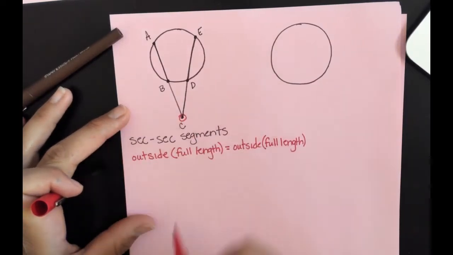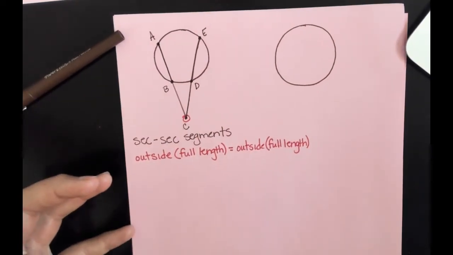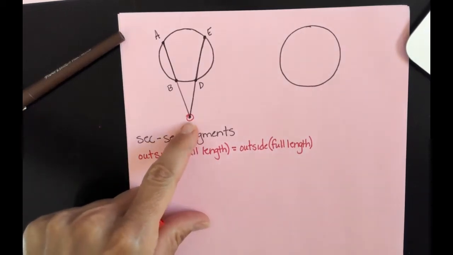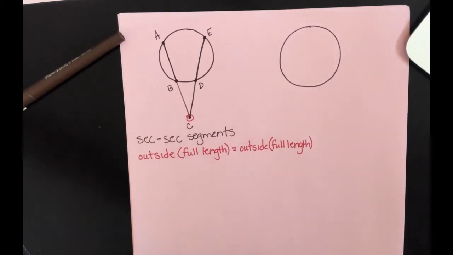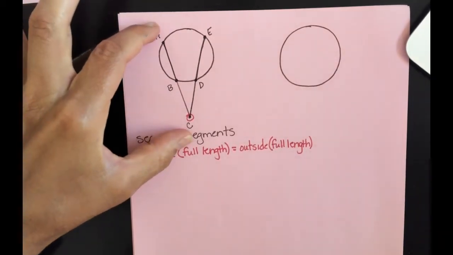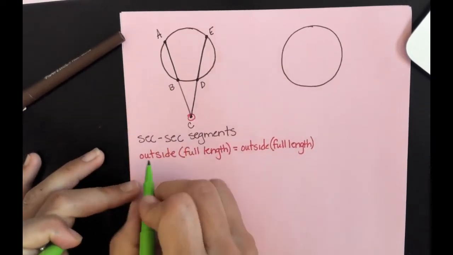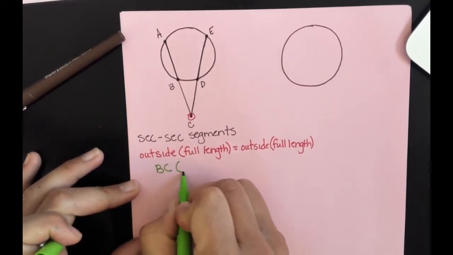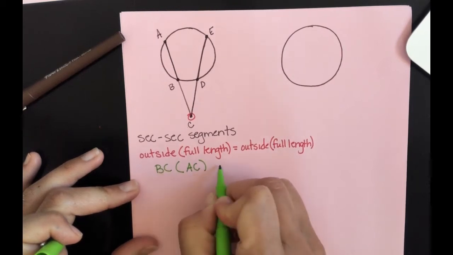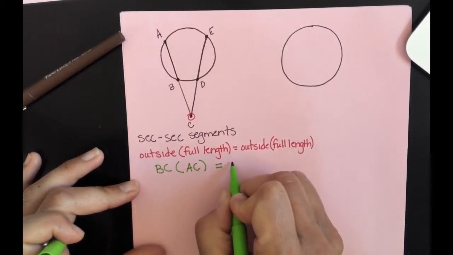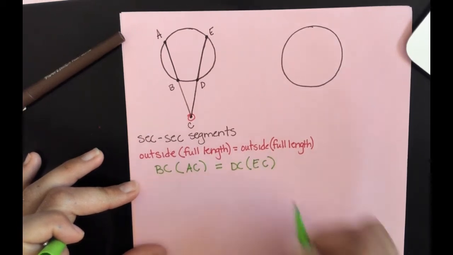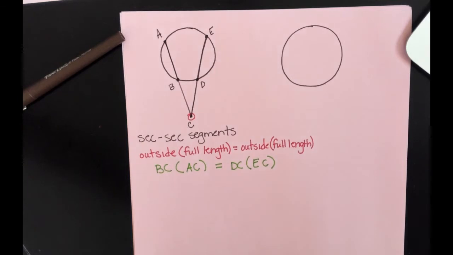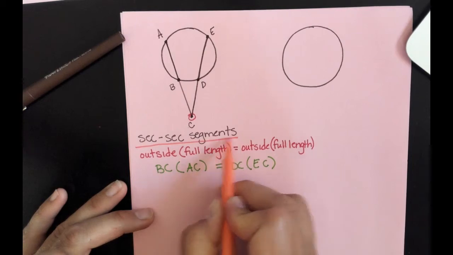And that's because we have our intersection outside of the circle. Outside times the full length, outside times the full length. So if I was to write this out with what it looks like up here, BC times AC, and then DC times EC. And that's with our secant segments.